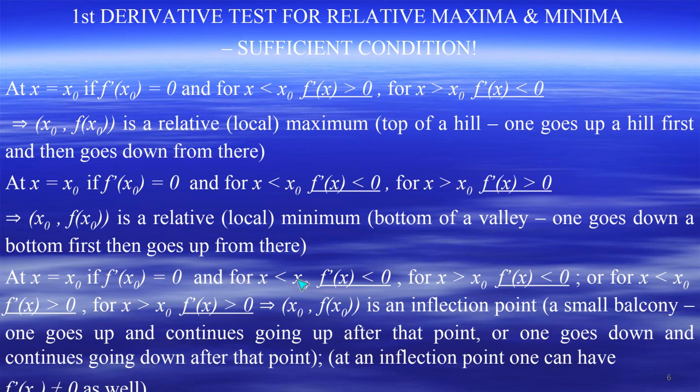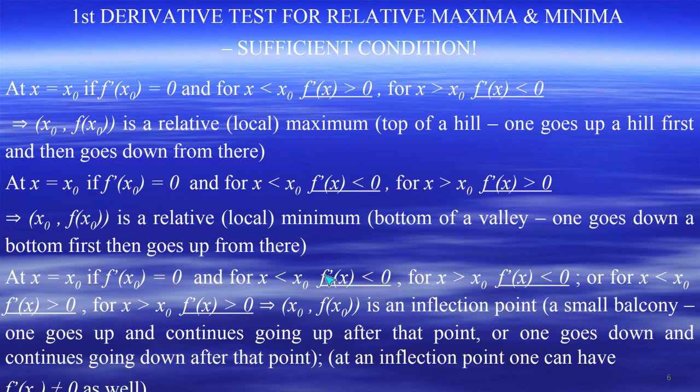And for x less than x0, f prime x is less than 0, and for x greater than x0, f prime x is less than 0 again. Which means you are going down, you come to this point, you just stay for a while, for one moment, and you continue to go down. In contrast to the top of a hill or bottom of a valley: at the top, you first go up, then down. At the bottom of a valley, you first go down and then up.